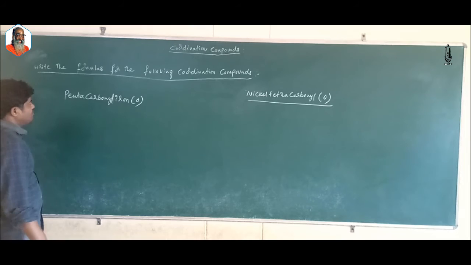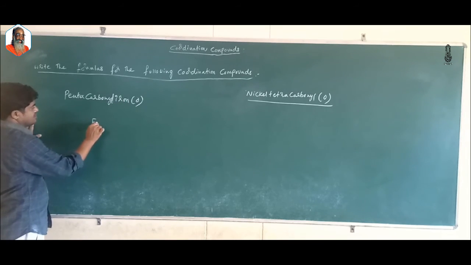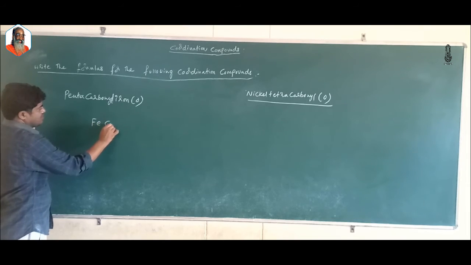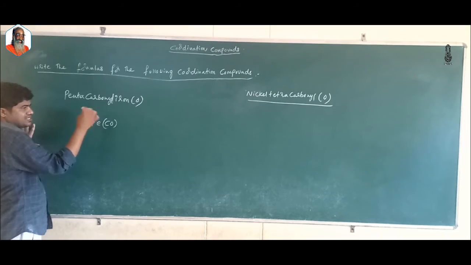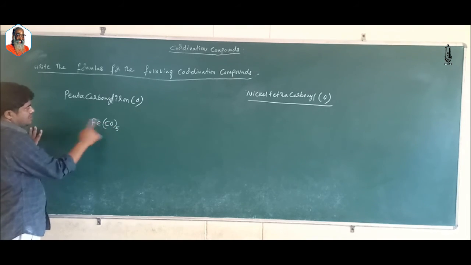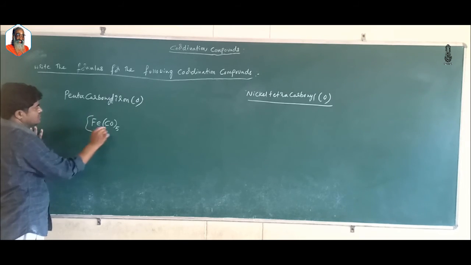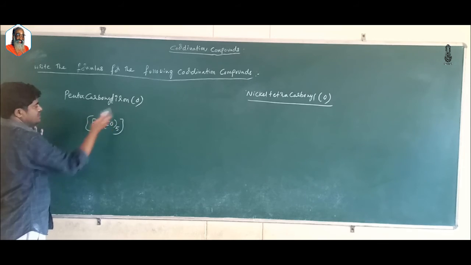We will be writing some more formulas. Pentacarbonyliron(0). You know, CO is the ligand, and it is named carbonyl. Pentacarbonyl: there are 5 ligands of CO, so enclose in square brackets, iron 0.